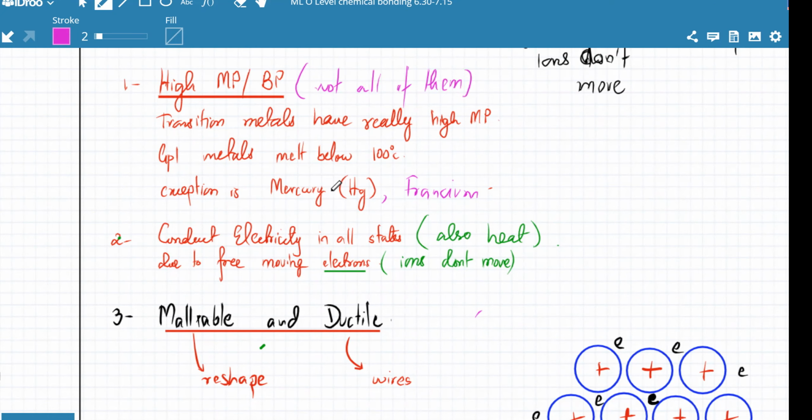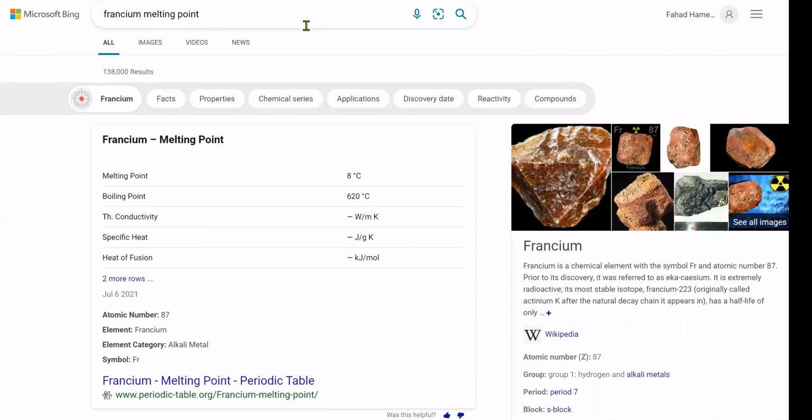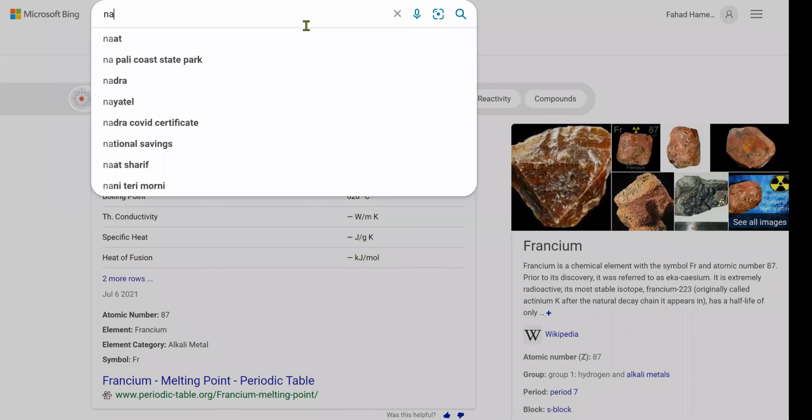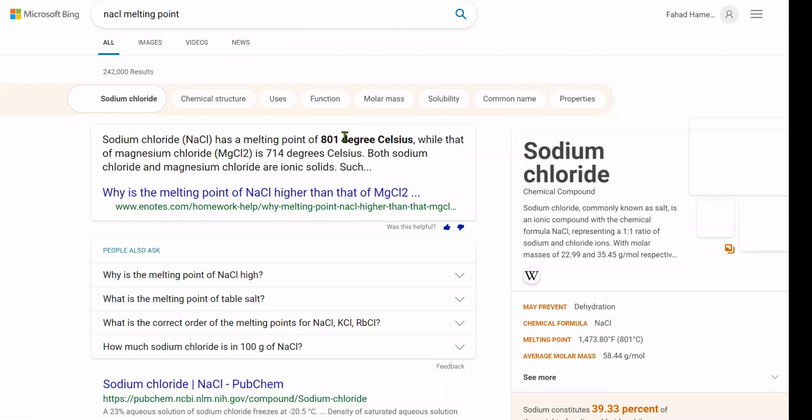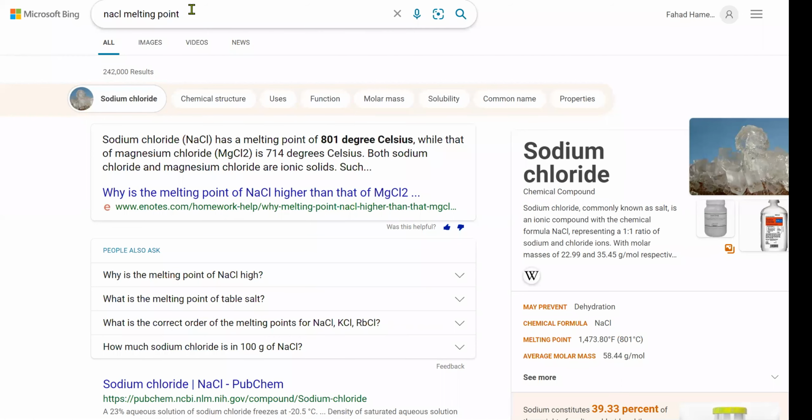These are ionic lattices and ionic compounds. They all have high melting points. You pick any one, they're going to be ionic compounds with high melting points. You pick NaCl, and the melting point is 801 degrees centigrade. So that's pretty high.